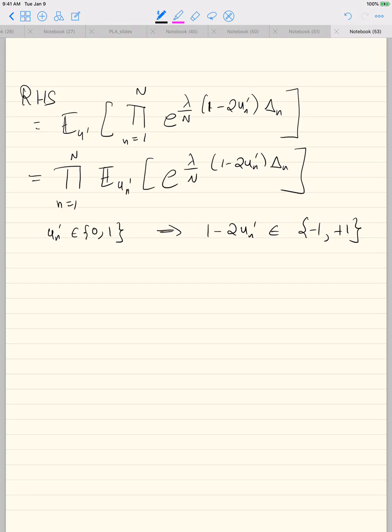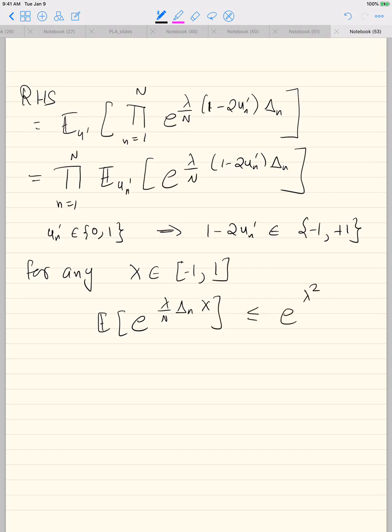And it can be shown that for any distribution, for any x in the interval, say minus 1 to 1, for any density function, expected value of e to the lambda by n delta n x is less than e to the lambda square delta n square by 2n. There's a standard upper bound for quantities like this.